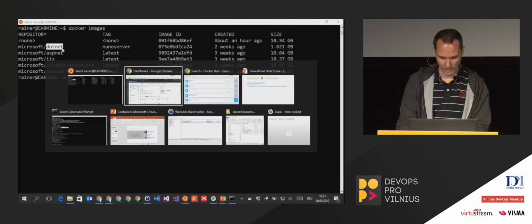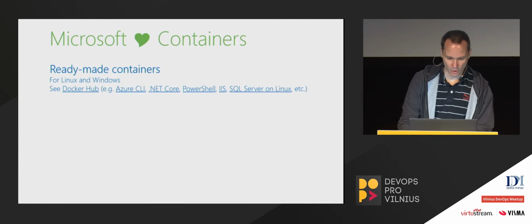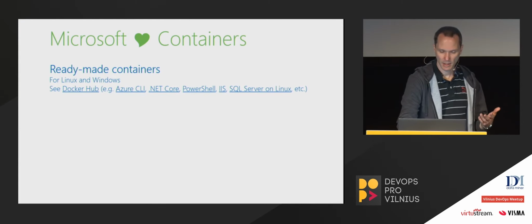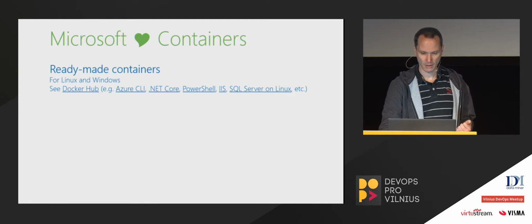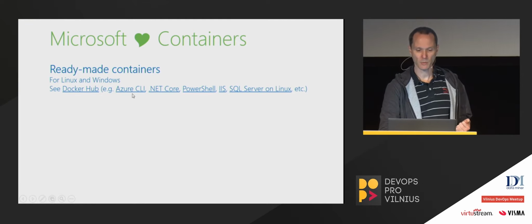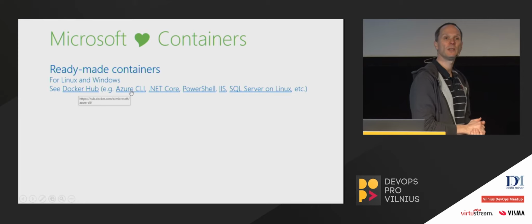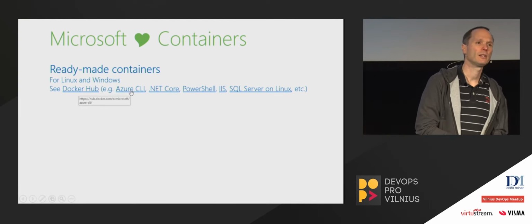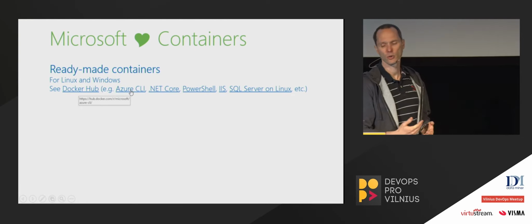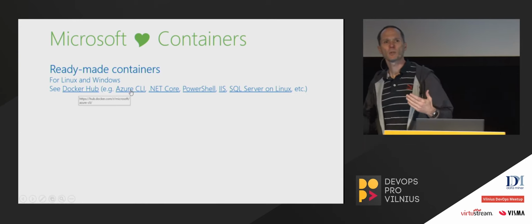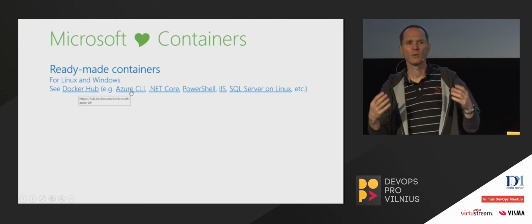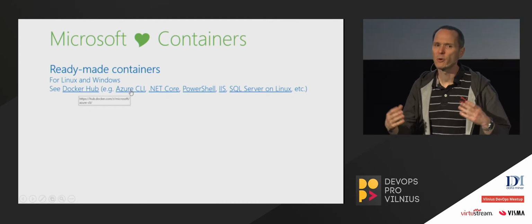Okay. So now we were remotely managing our servers, and I already mentioned the ready-made containers here. Let me take a look. Yeah, this one is interesting. If you want to see this one in action, you should come to my next session about Azure Resource Manager, because what Microsoft now does, they are creating Docker images for all their tools.